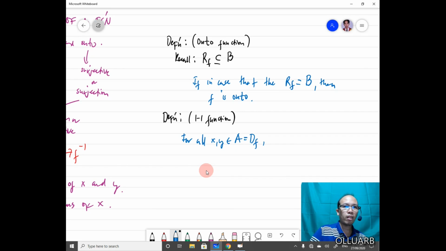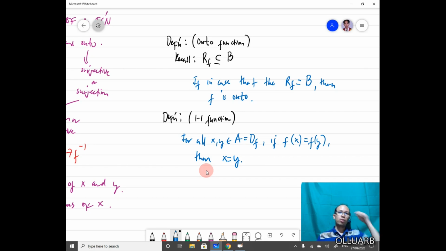If f of x is equal to f of y, then x is equal to y. This is how you are going to prove or show that the function is one-to-one.